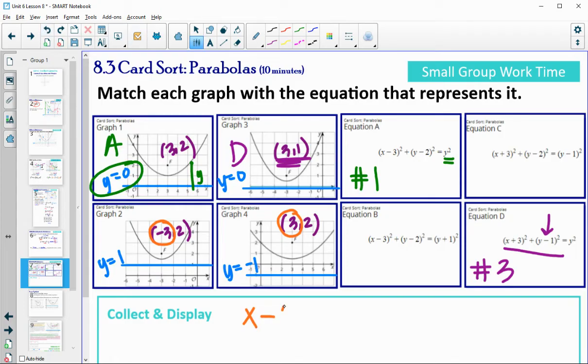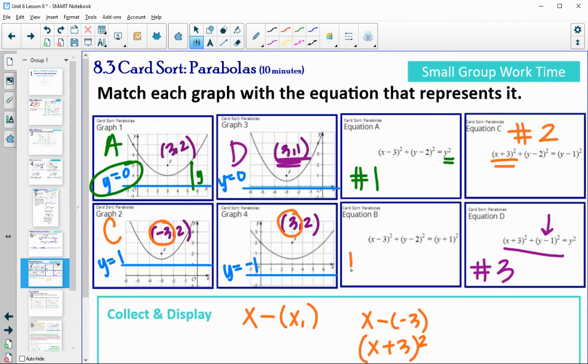So x minus a negative 3 is going to end up being x plus 3 in here. So right here is the x plus 3. So graph number 2 had to go with equation C, which leaves 4 for equation B.